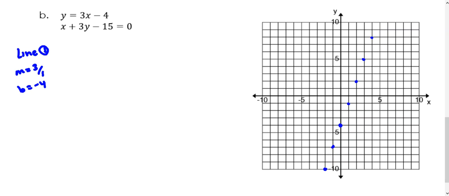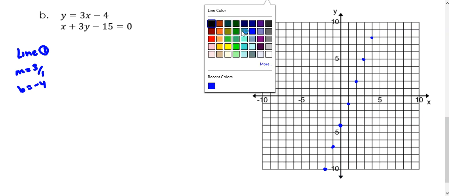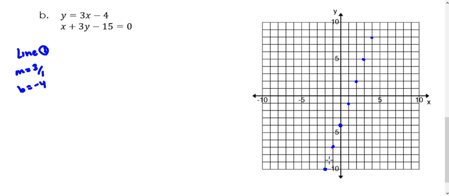All right, I'll graph my line here to start. Let's pick blue again. We'll just straighten that out just a little bit. All right, so there's my first equation. Okay, y equals 3x minus 4.